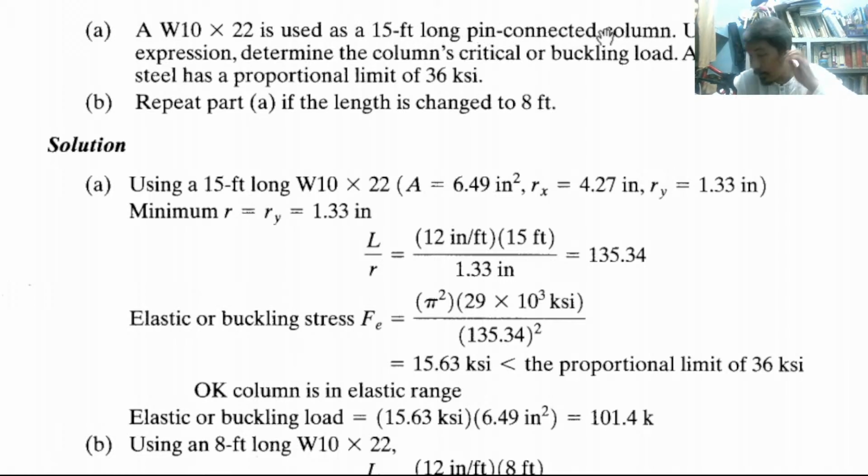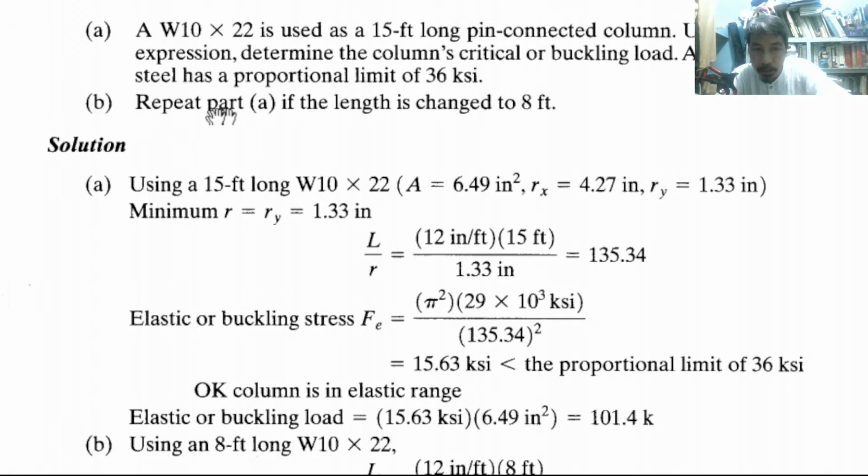Pin connected. So take note, if you consider the connection, there is what we call the K factor, and K is equal to 1 if the column has a pin connection. Recall last meeting. Assume that this still has a proportional limit of 36 ksi, so A36 material.